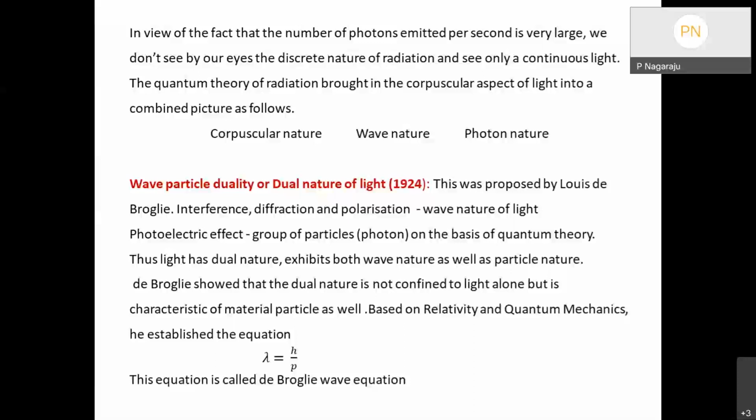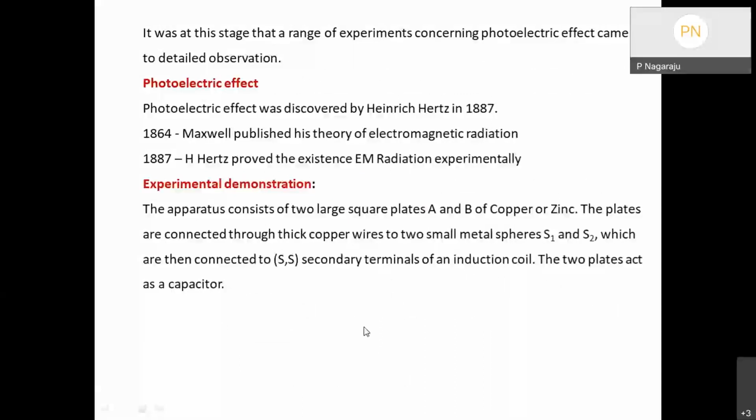That momentum is nothing but m into v, that is the particle nature. And h is Planck's constant, which I have already mentioned. This equation, lambda is equal to h by p, is called the de Broglie wave equation. In other words, it is also called the matter wave equation.